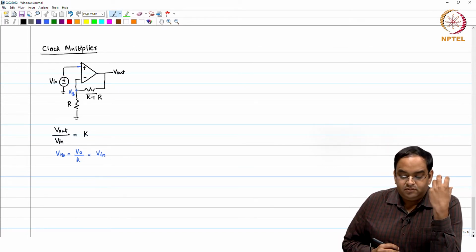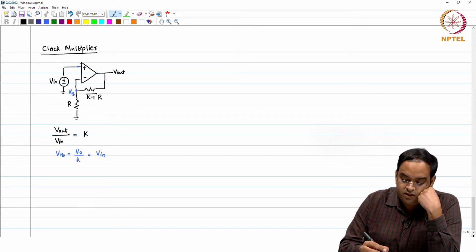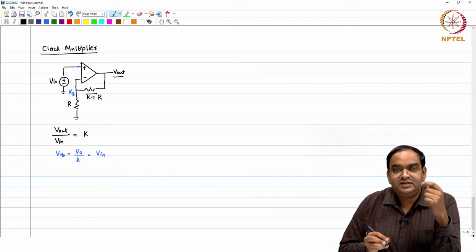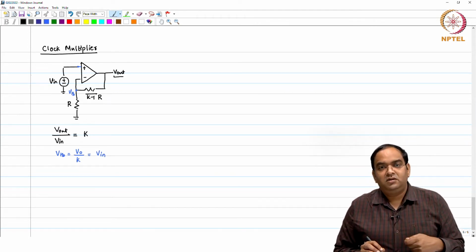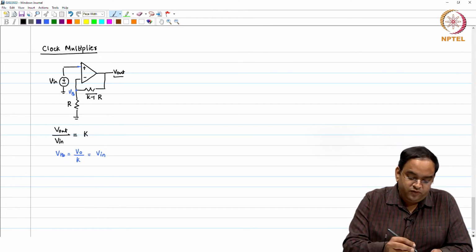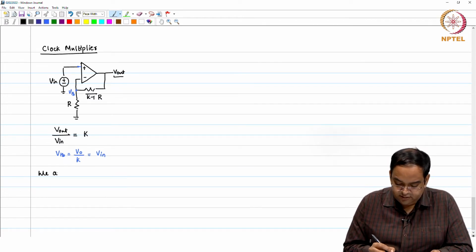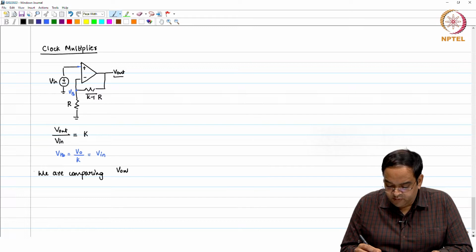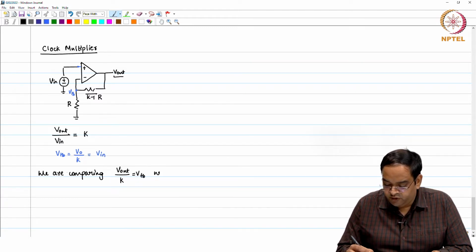Now, what you need to conclude from here is the following. To make sure that V out is K times V in, we are comparing V out by K, which is our V feedback, with V in.